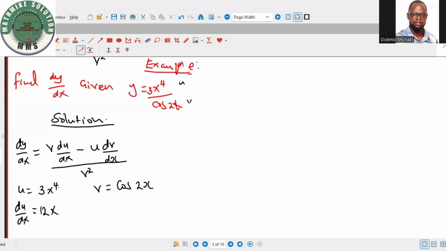Then you reduce the power by 1, so it would be x cubed. And also dv dx, as we did in the product rule, the derivative of cos ax is negative a sin ax. So in our case here, a is 2, and therefore, you're going to have negative 2 sin 2x.